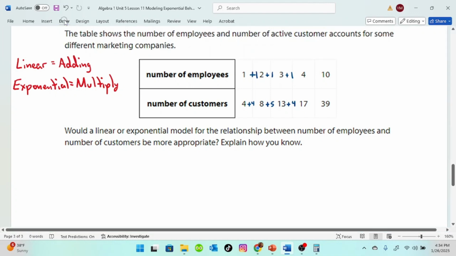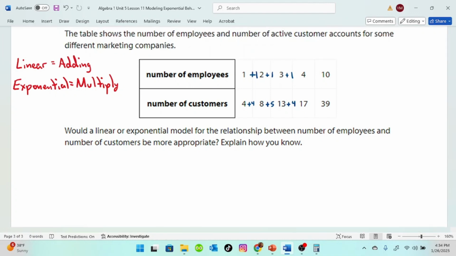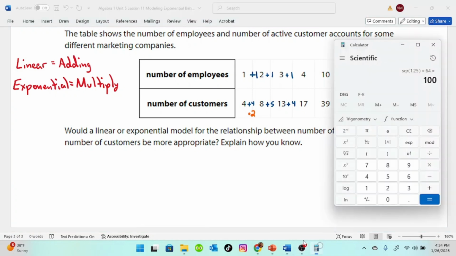Then what we can look at is, what are we multiplying by each time? Well, to go from 4 to 8, we would multiply by 2. But if I multiplied by 2 again, I would get 16, not 13. So to see what I really multiplied by, let me take 13 and divide it by 8.